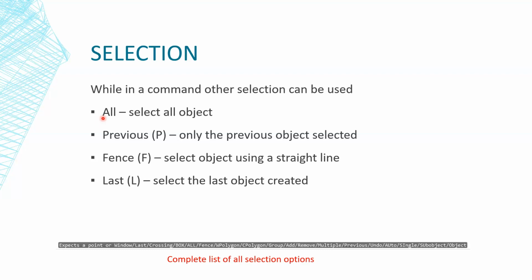I can use a fence, or I can use a last. Once we're inside of the actual AutoCAD command, you're going to see that we have the options to use that. Here at the bottom is a complete list of all of the other selection options that we can use, but by far these are the most common. So I'm strictly going to stick to these, but if you want to play around with some of the other ones, these are some of the options.